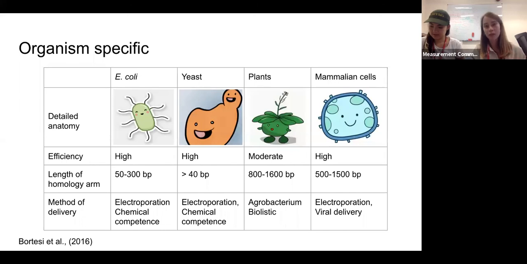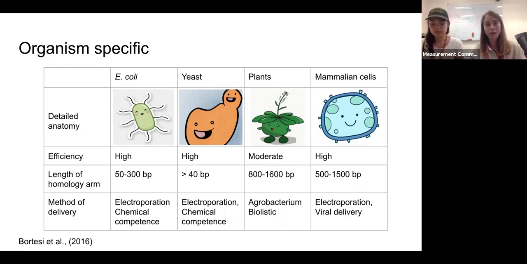But for more complicated organisms and eukaryotes, such as yeast, plants, and mammalian cells, because there are not as many tools available, CRISPR actually made a huge difference in terms of gene editing. It made gene editing way easier, very prevalent, and more efficient. So efficiency that I'm talking about here is more of an umbrella term for the overall process, because we can talk about the cutting efficiency, we can talk about the repair efficiency, knockout, knock-ins, activation, silencing.